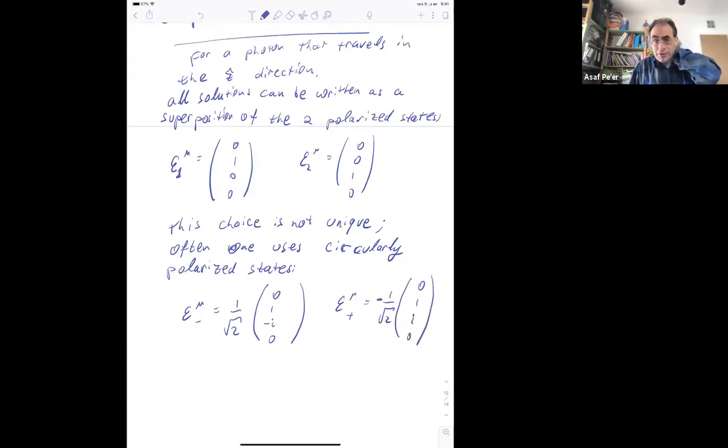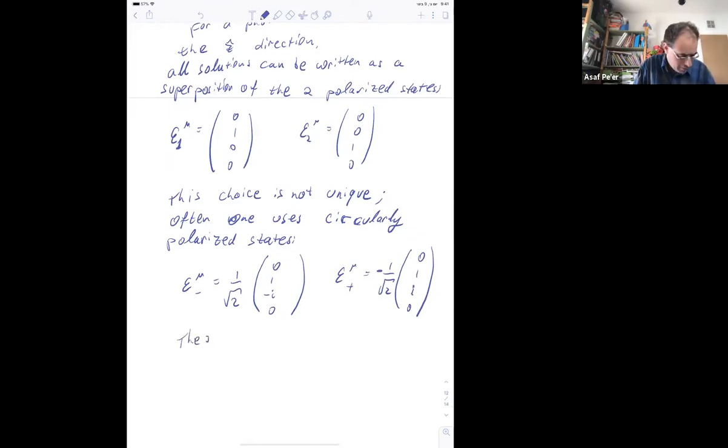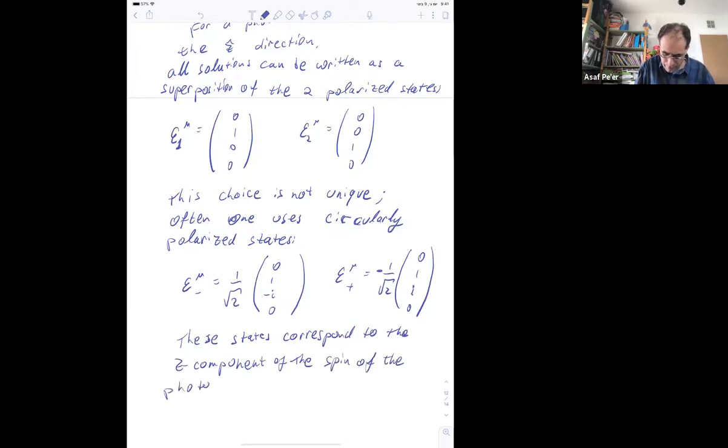Now I'm going to show you, likely on Thursday, that these states correspond to the Z component of the spin of the photon, Sz, being plus or minus 1, associated with the intrinsic angular momentum.